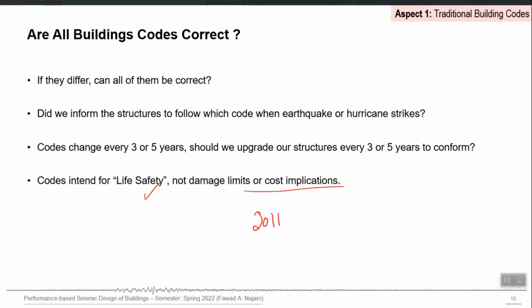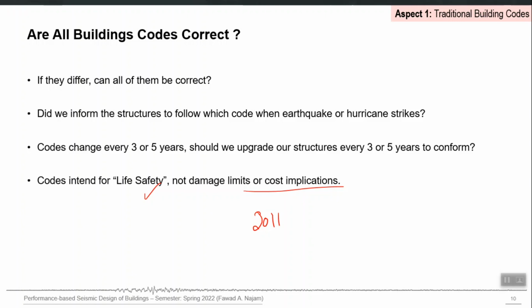So, most of the buildings were safe according to the intention of building codes, right? The intention of building codes was life safety, and there was very little social loss, very few casualties in that particular earthquake, but the cost implications were huge.